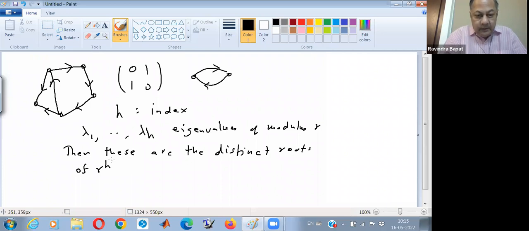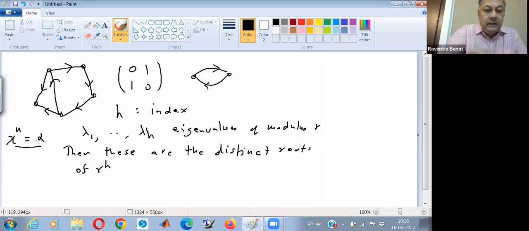Similarly, any complex number you can talk about. If you take any complex number, then by the fundamental theorem of algebra it will have n roots by this equation. So you take the roots of R to the h and look at the distinct roots, then those are the eigenvalues. But this is giving us an important conclusion about the location of these other eigenvalues.